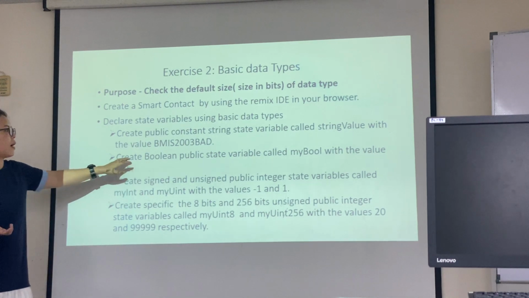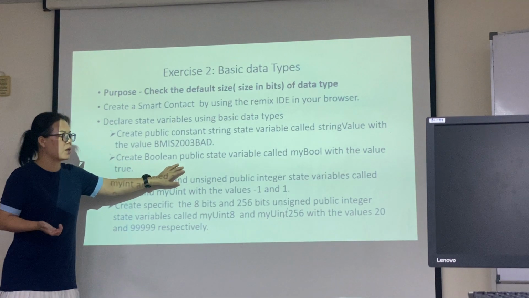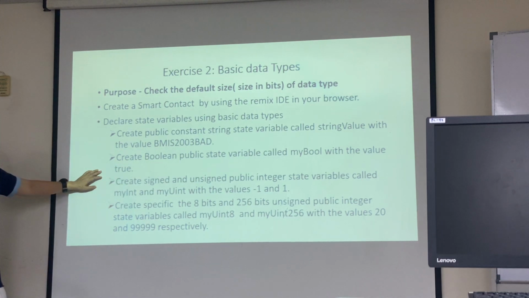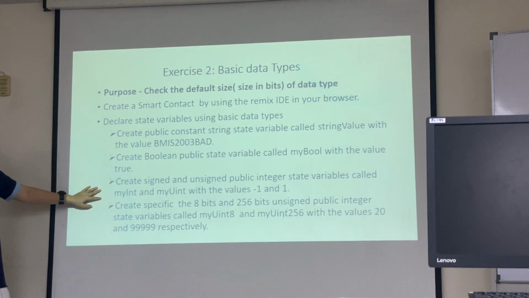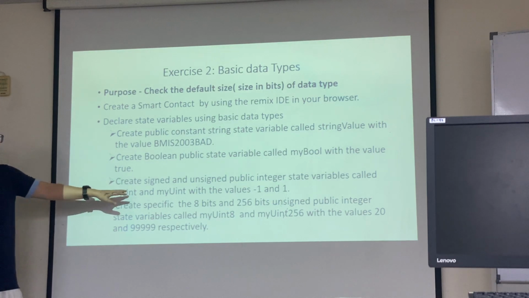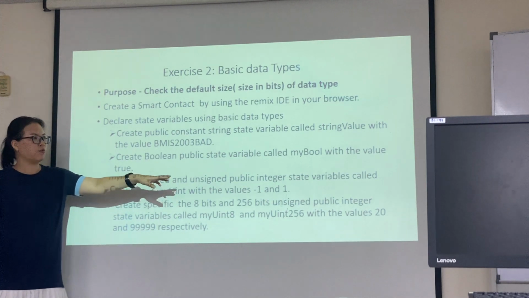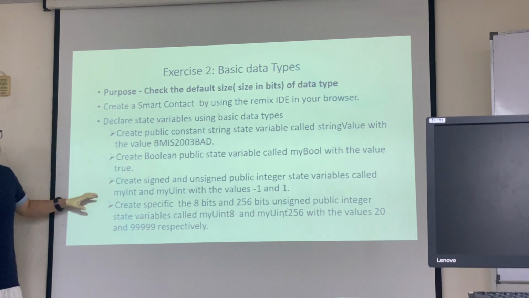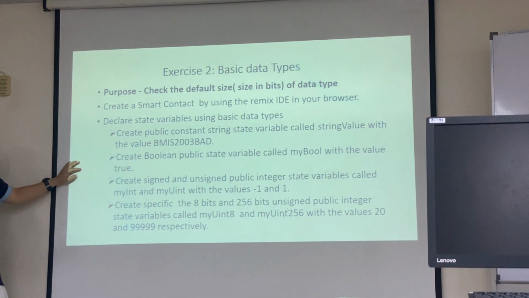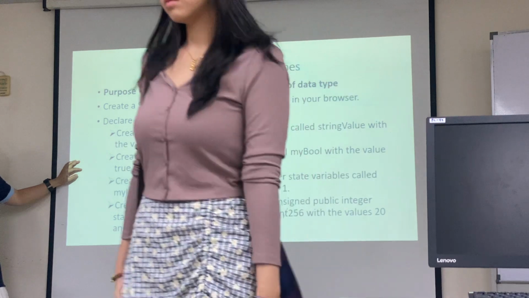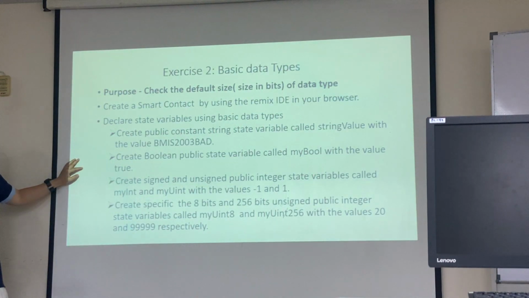When you create a boolean public state variable called my boolean and assign the value true, and also create the signed or unsigned public integer state variable called my int, my unsigned int, with the value -1 and 1. So actually this exercise is very simple. It just wants you to define the state variable with a different data type, and then compare the default size given for the state variable.